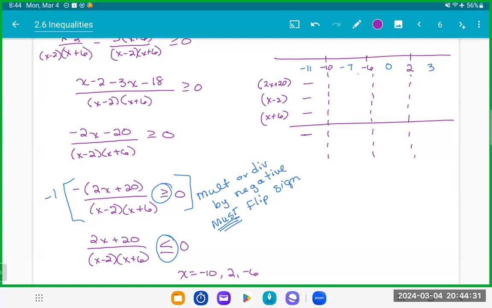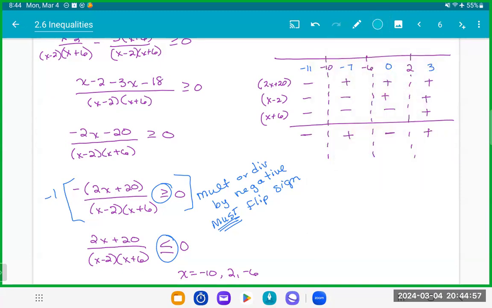When we plug in -7, we get a positive, negative, negative. So that's going to give us positive. When we plug in a 0, we get positive, positive, negative. Multiply those together, it'll give us a negative. And when we plug in the 3, we get positive, positive, positive. So that'll be a positive.